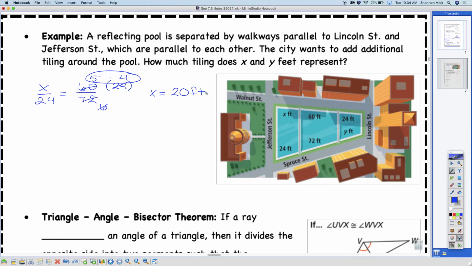Is that any different than what we've been doing? No. I just told you they're proportional, so now you need to remember that those are proportional and you can solve them that way. Where do you find Y too? Find Y on your own.